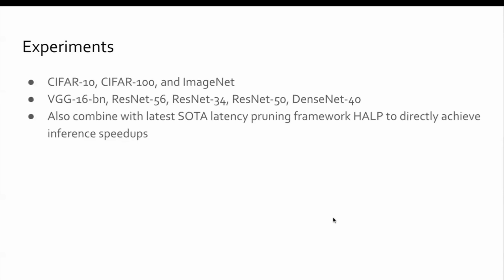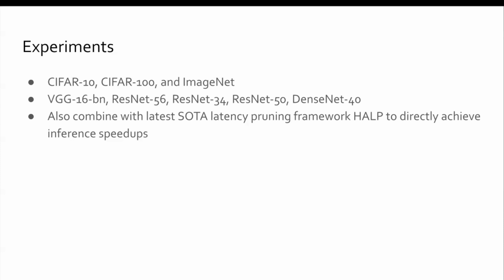To validate our method, we conduct many experiments on different datasets and model architectures. We use three datasets, CIFAR10, CIFAR100, and ImageNet, and test our methods on five model architectures, including VGG16, ResNet56, ResNet34, ResNet50, and DenseNet40.